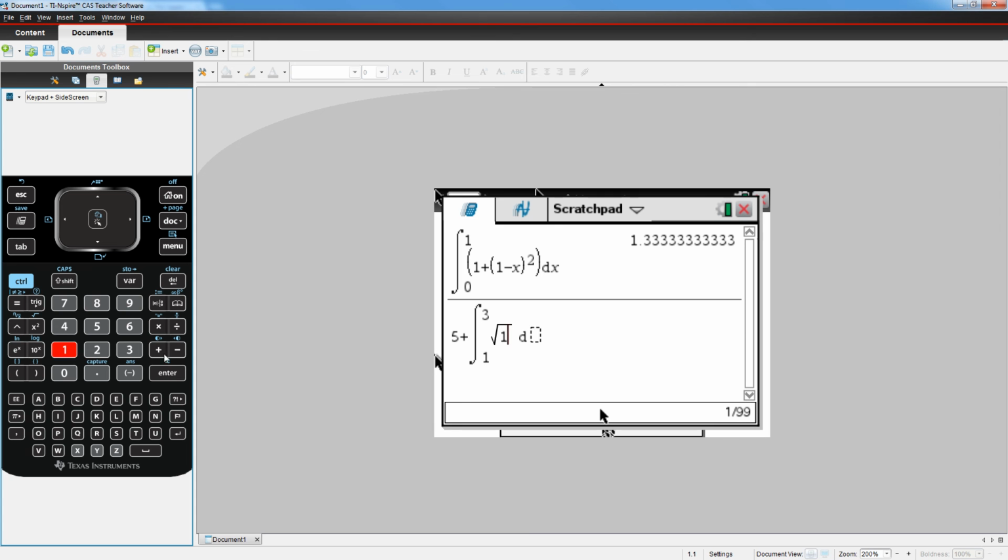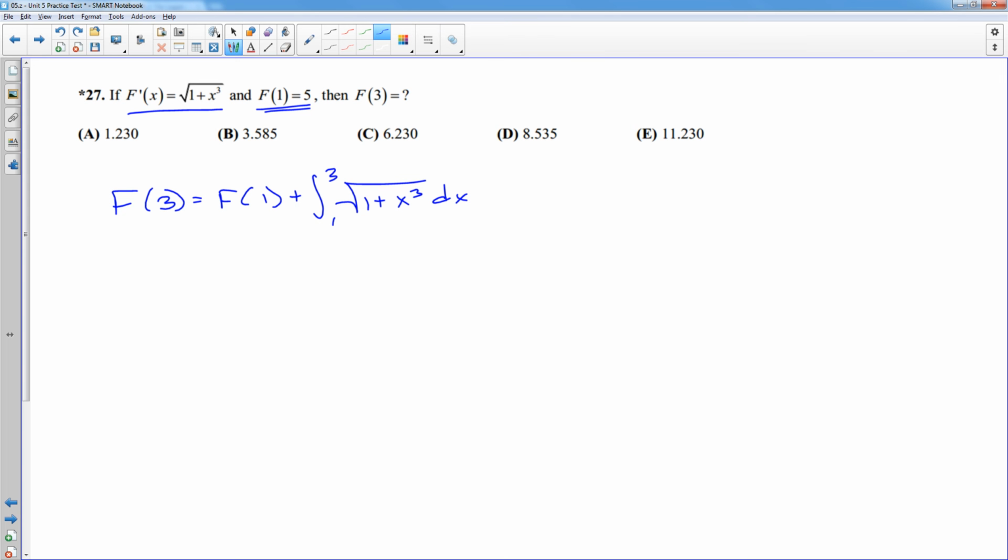Yeah. 1 plus x cubed dx. I'm going to hit Control Enter to force a decimal answer, and you get 11.2299, which would be E.